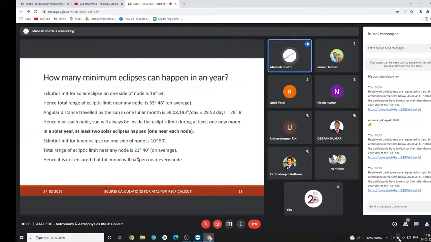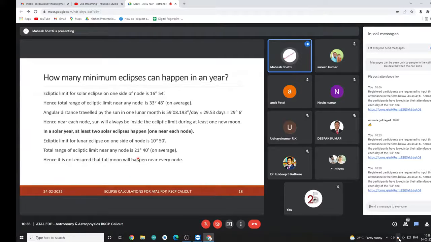Remember, when I am talking about the lunar eclipse, that time also I am talking about the sun coming closer to the node. Because when the sun is coming closer to, say, the ascending node, the moon will be near the descending node. It is exactly 180 degrees and it is full moon day. So the longitude difference is 180 degrees. So I can always talk in terms of when the sun is going to come near the node, okay?